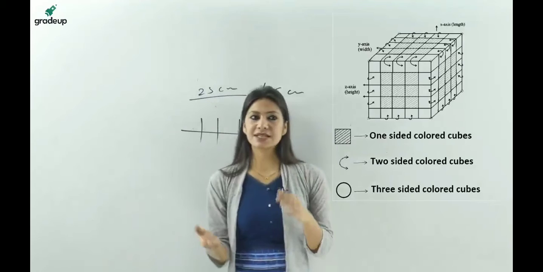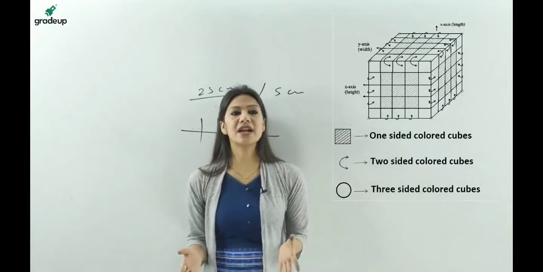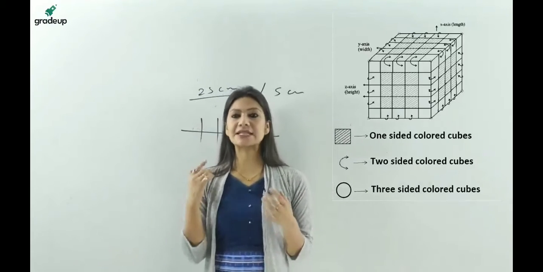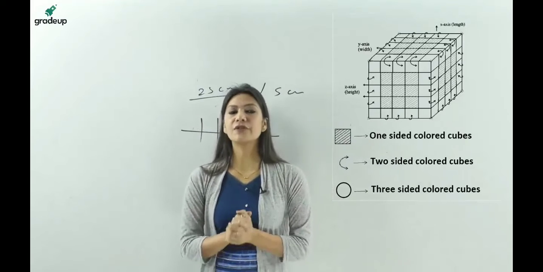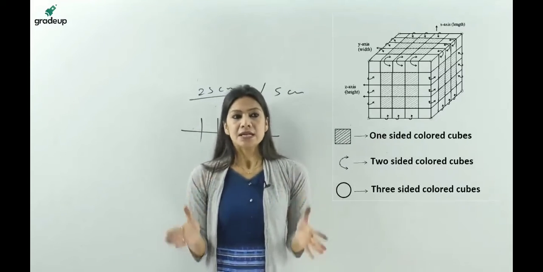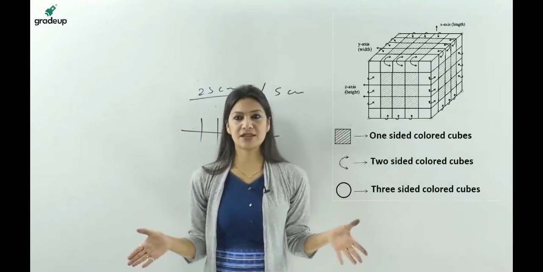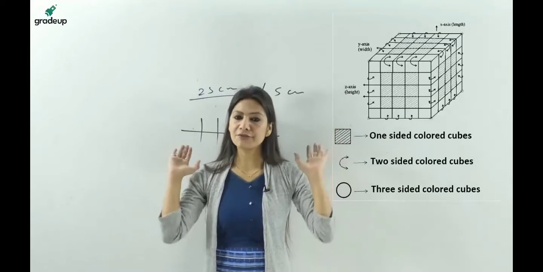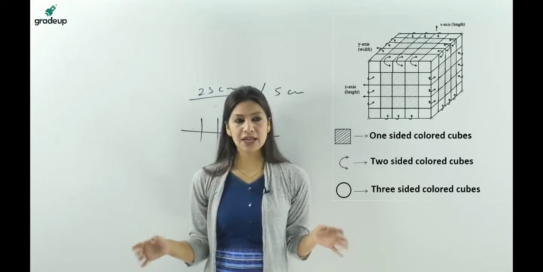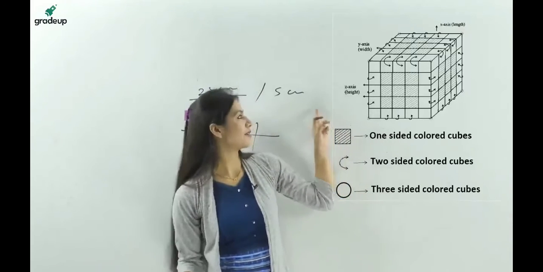So let's once again come to the same example of the room where we are sitting. If it is clear to you, then let me know. If it is not, student, I will explain it once again, okay? So right now this room is a cube of 25 centimeter only.